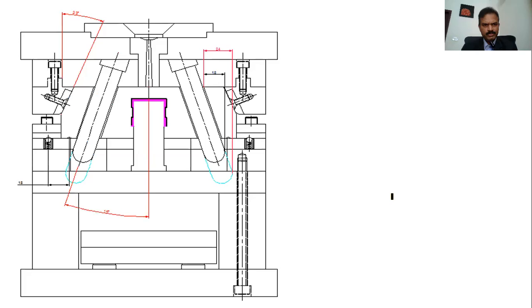Now just recap all the basic requirements. Sorry, before that we have to discuss one more point. What governs the amount of movement of the slide?